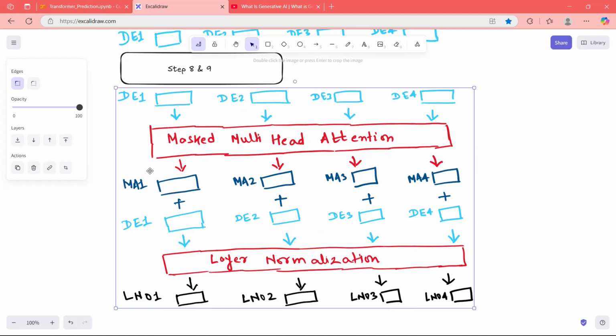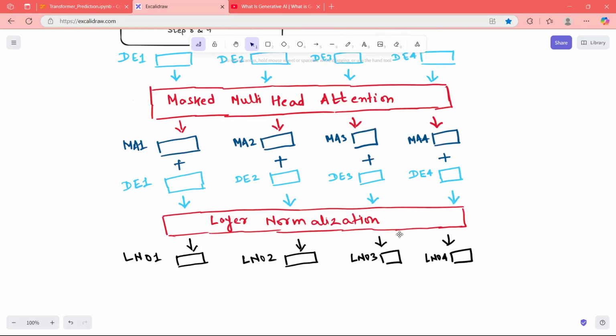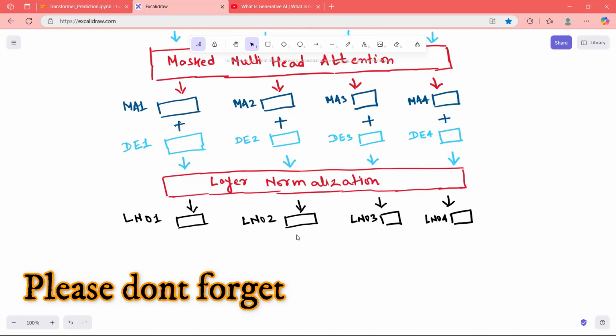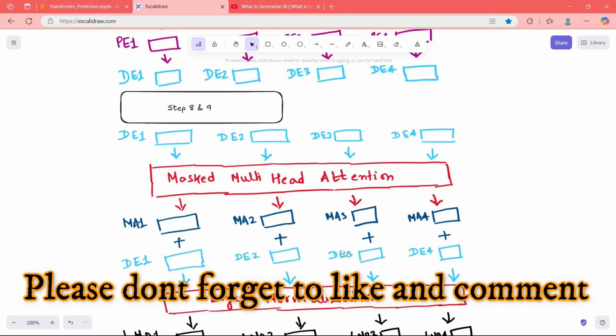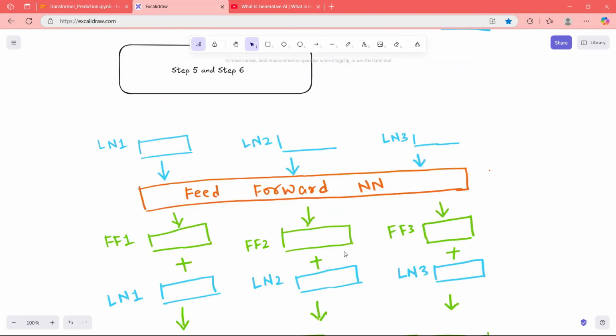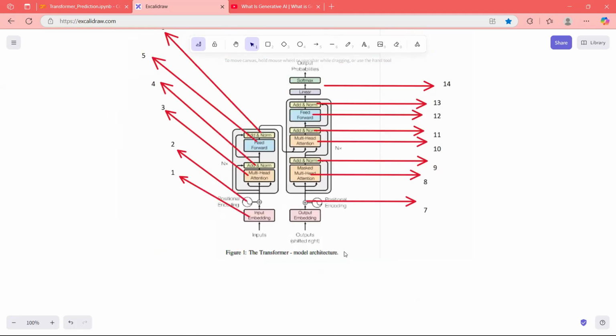And then the decoder original embedding will come because the residual connection needs to work. Plus will happen. It will go to layer norm as usual. And then layer norm output 1, 2, 3, 4 will come. So steps 8 and 9 are done. Now we want to go here.